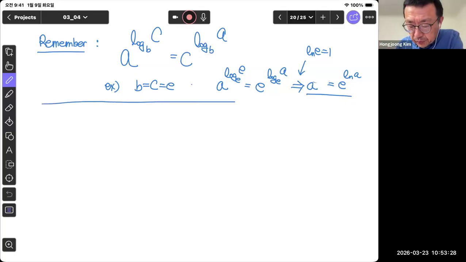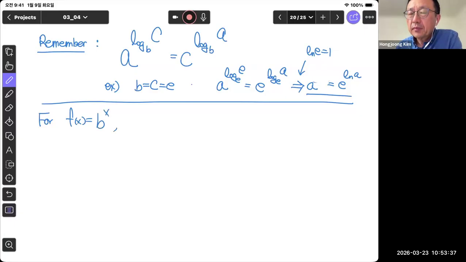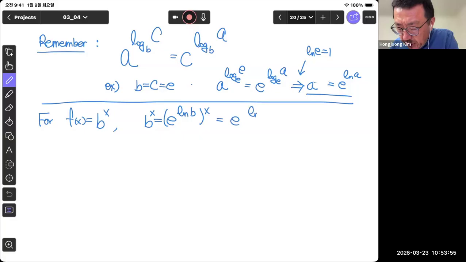So for f of x defined by b to the x, b can be written as e to the ln b. So b to the x is the x power of this e to the ln b. So we have e to the ln b times x.